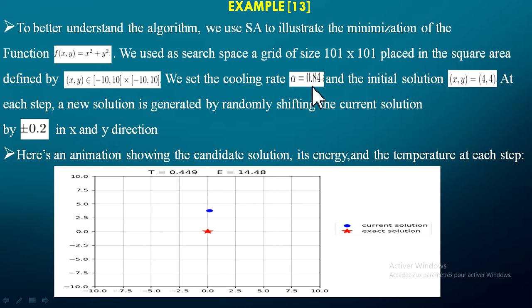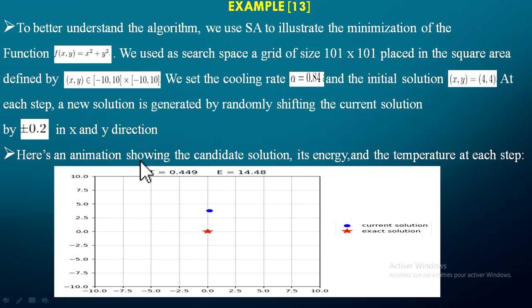We set the cooling rate alpha equal to this value, and the initial solution x, y takes the value 4, 4. At each step, a new solution is generated by randomly shifting the current solution by this value in the x and y directions.